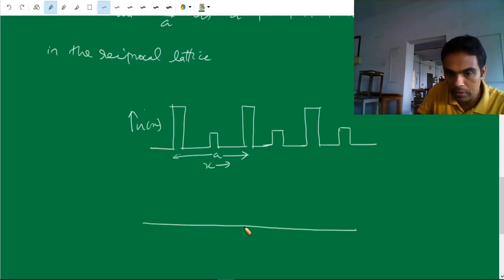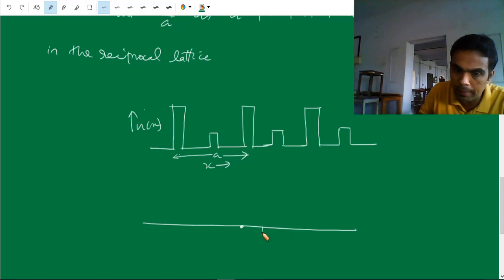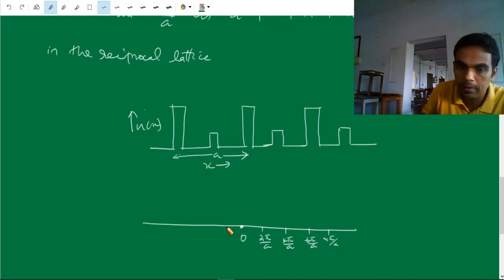Therefore, we can write. So here, this is the reciprocal lattice. Here, 2 pi p. So this is 0, 2 pi by a, 4 pi by a, 6 pi by a, 8 pi by a, and in the negative direction, minus 2 pi by a, minus 4 pi by a, minus 6 pi by a.